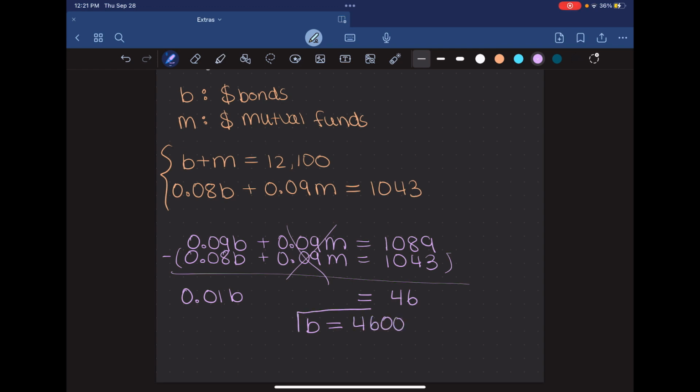So this is the amount that I invested into my bonds. To figure out the amount that I invested in my mutual funds, I just subtract this from 12,100, and we'll figure out that we invested 7,500 into our mutual funds.